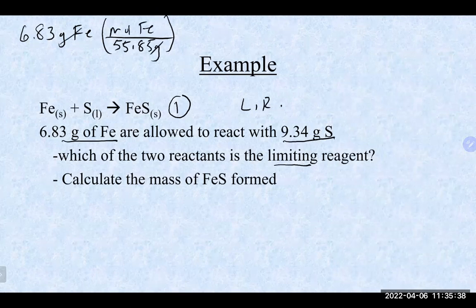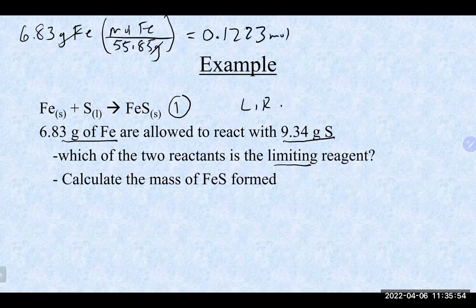Again, the grams would cancel, and that would get us 0.1223 moles of iron. We'll do the same calculation for the sulfur, which is 9.34 grams of sulfur.